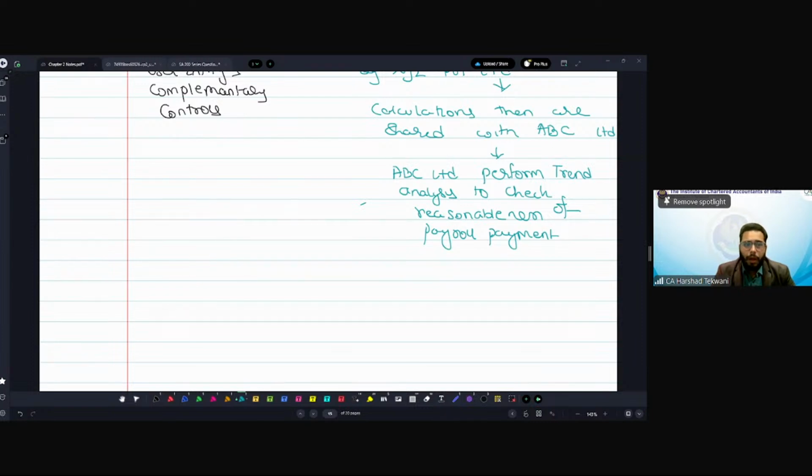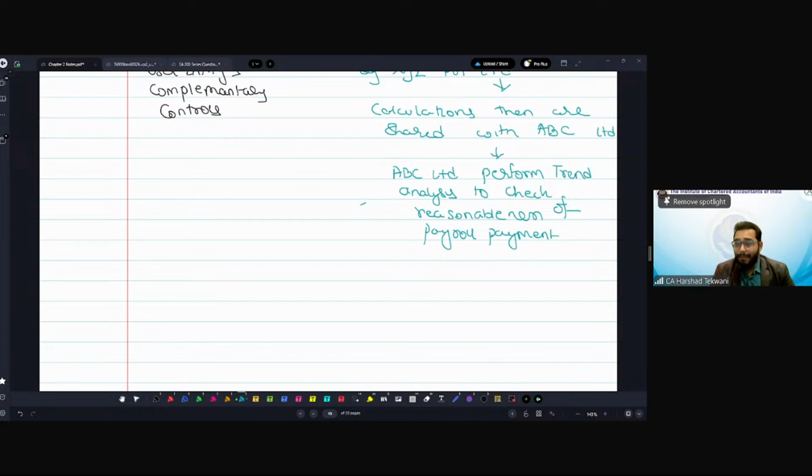See, it is very rare that a type 1, type 2 report will become the basis of a modification. Very rare. Because if the service auditor has issued that report and qualified it, I don't think management will then circulate that report.